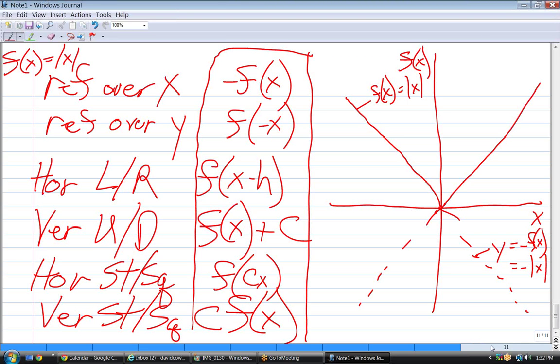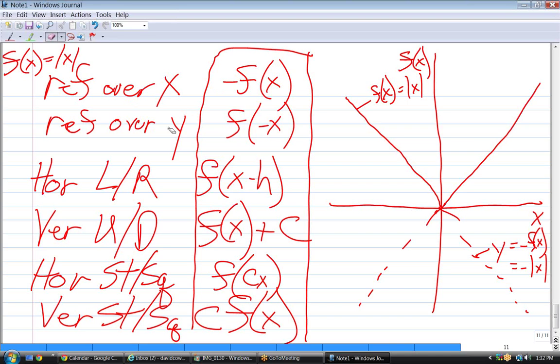If I lose you at any point, stop me and we'll back up. Okay? All right. If I wanted to take f of minus x, in other words, we've covered the reflection over the x-axis. Let's cover the reflection over the y-axis.